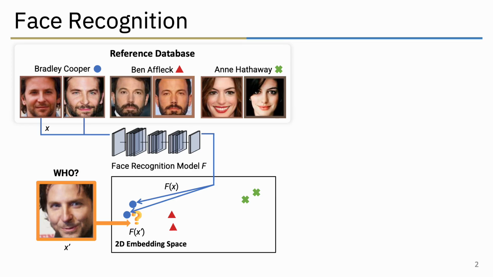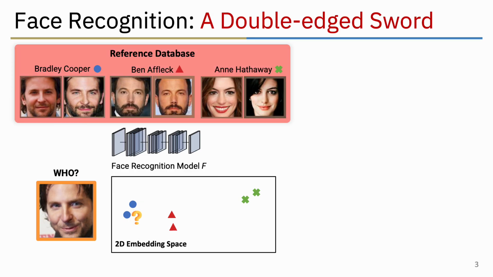Then when you have an image of an unknown identity, you can simply reuse the same FR model to extract the corresponding embedding and then look for nearby images with a known identity. This property in face recognition lowers the bar for anyone to build an FR system, as long as a reference database can be constructed.